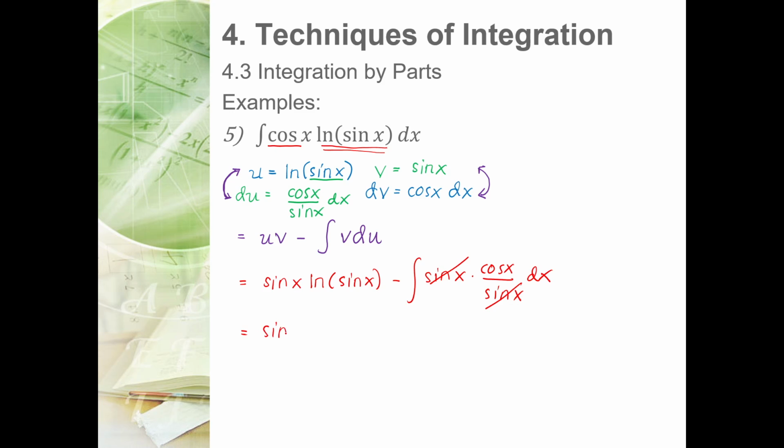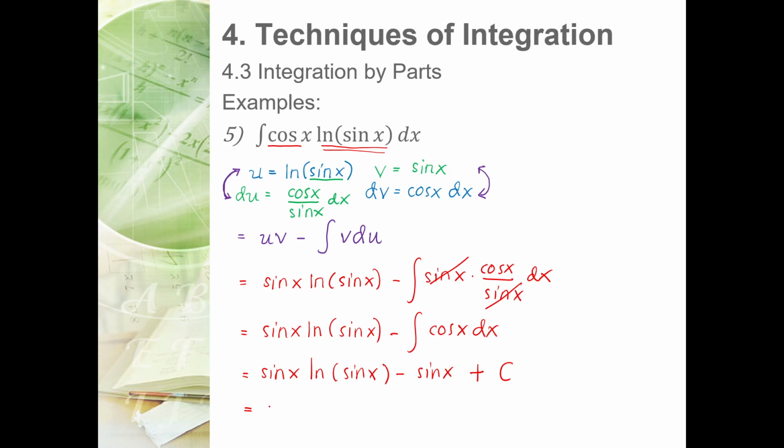So we have sine x ln of sine x minus the integral of cosine x dx. Since this one is a simple term already, this is sine x ln of sine x minus sine x plus c.